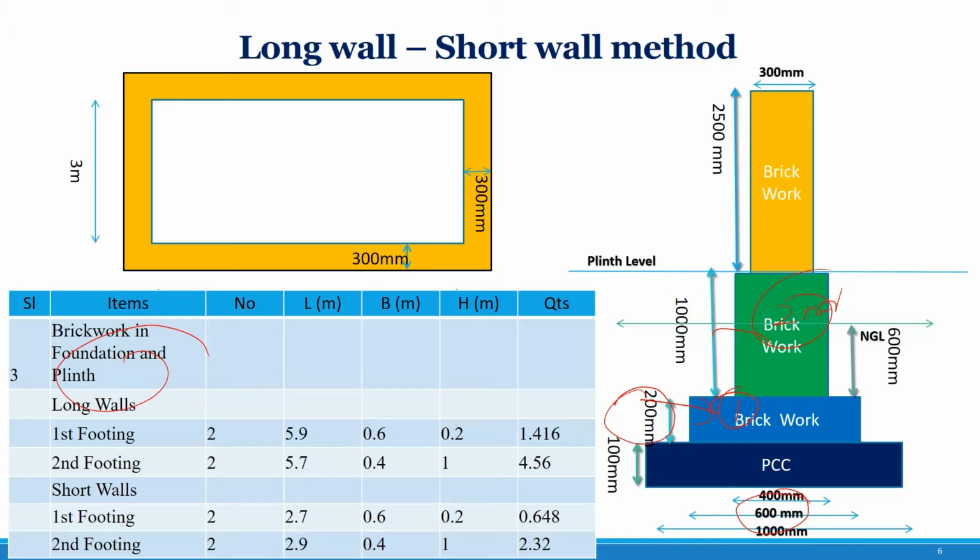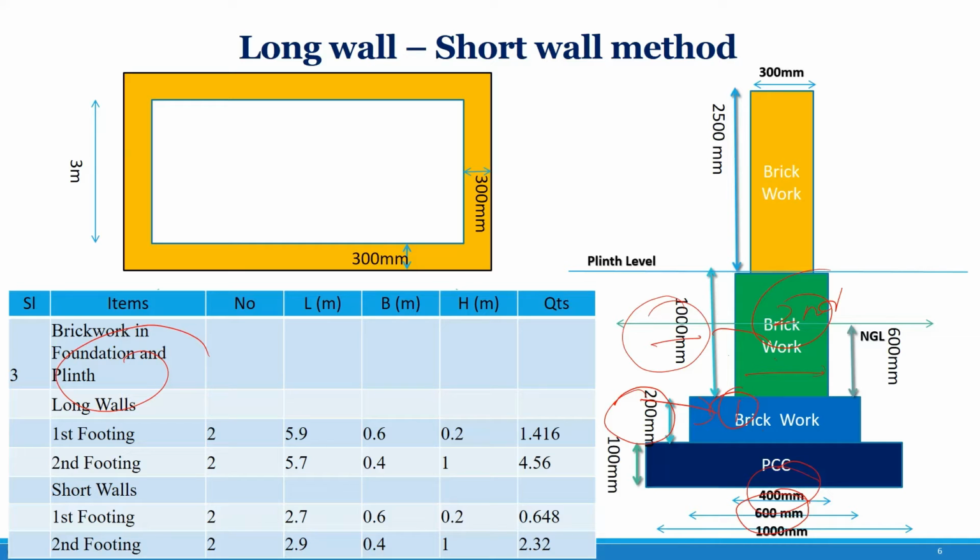For the second level brickwork, up to plinth, the width is 400 mm and the height or thickness is 1 meter. So let's calculate again. The number of short walls and long walls will be two only, because we are considering only a single room.